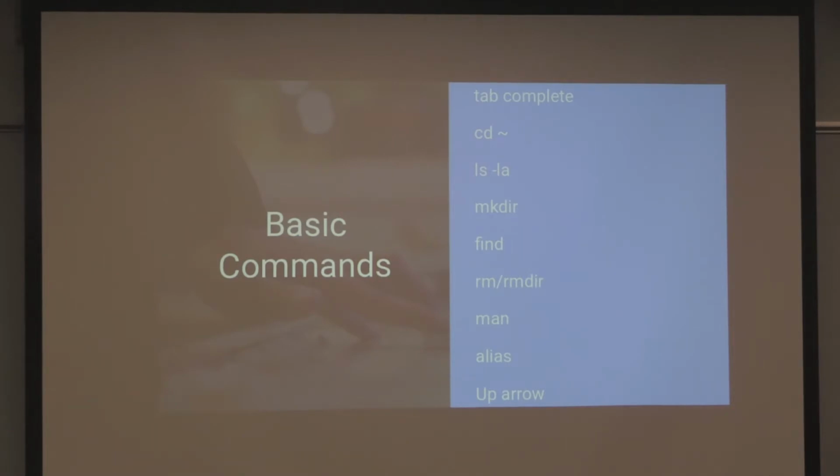In order to find stuff, the find command can be very useful. To remove things, you're going to use rm for files, or you might need to do an rm to remove the directory. Man is also very useful.